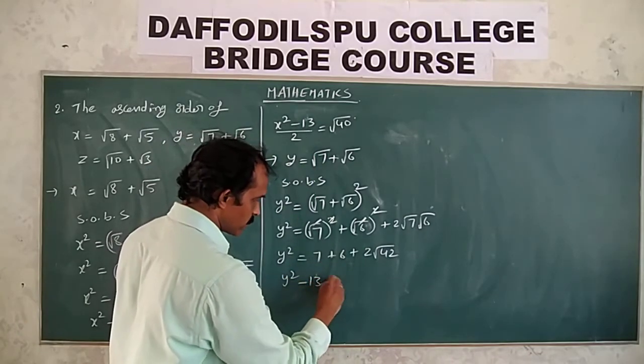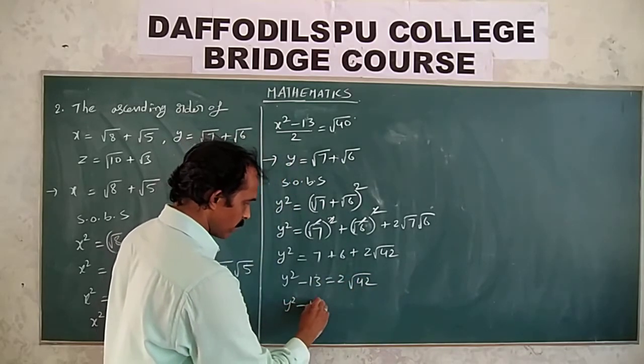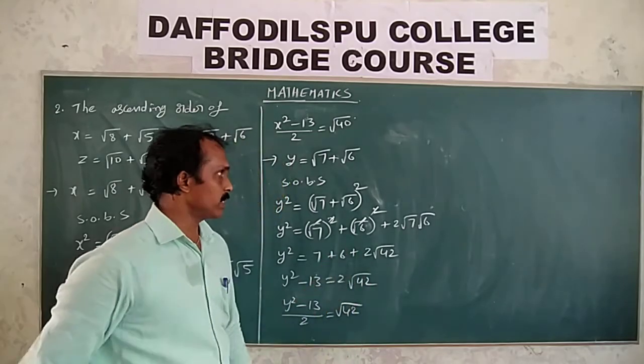Take this side, y square minus 13 by 2 is equal to square root of 42.